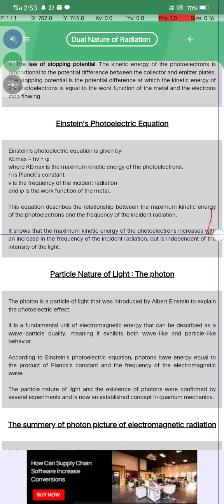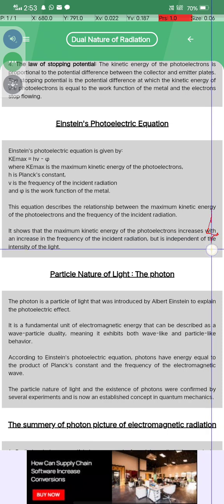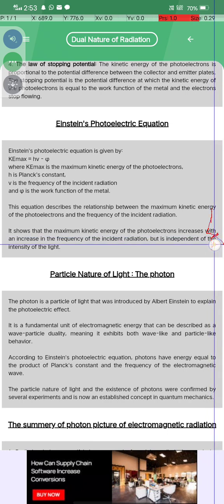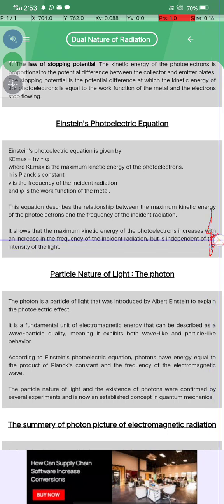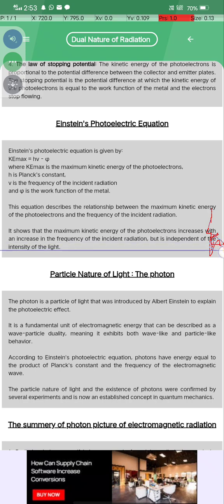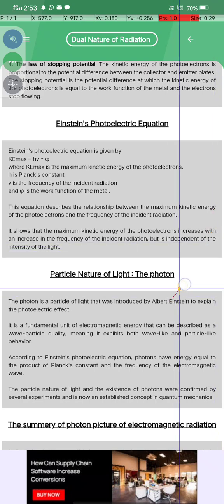It shows that the maximum kinetic energy of photoelectrons increases with the increase in the frequency of incident radiation, but is independent of the intensity of light.